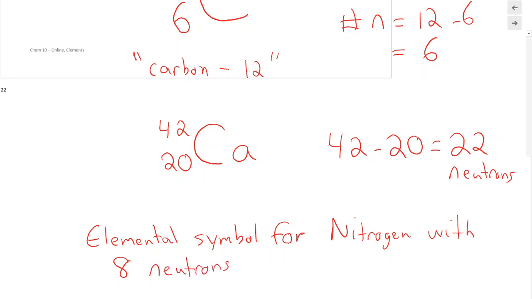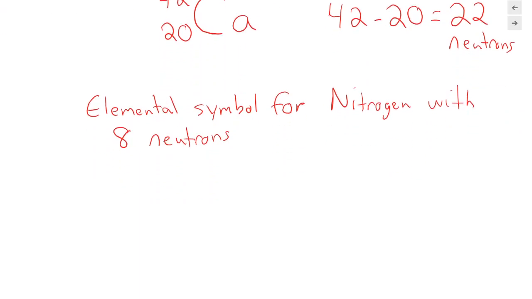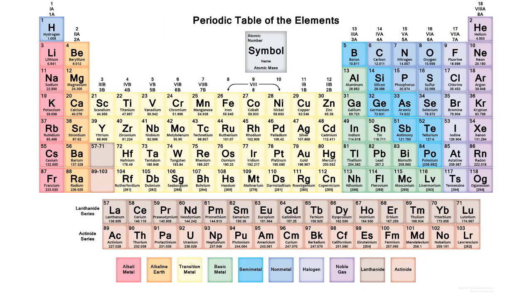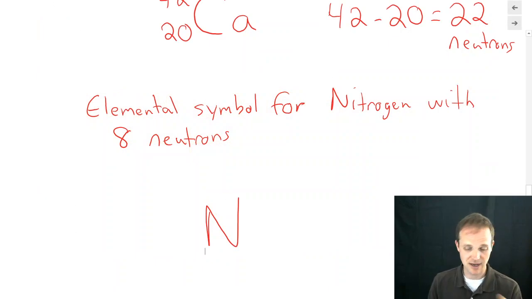Okay, so how do we do that? Our periodic table is always our friend. So let's go over to the periodic table, and we're going to find nitrogen. Now, you can't read this one very well, but hopefully you have a paper one in front of you. If you look along the second row of the periodic table, you see that N in the middle there, and that is nitrogen.